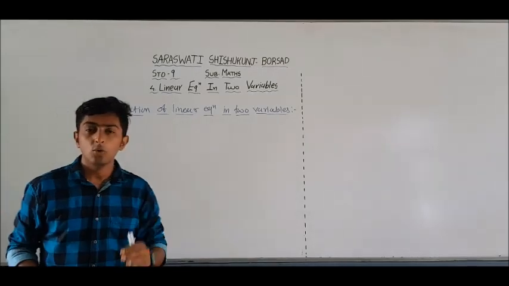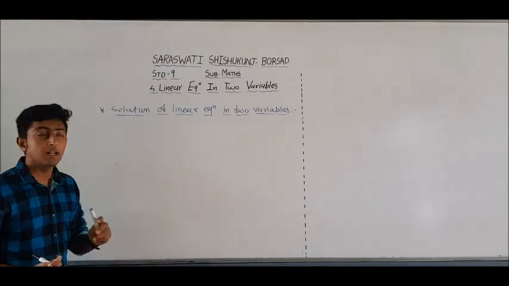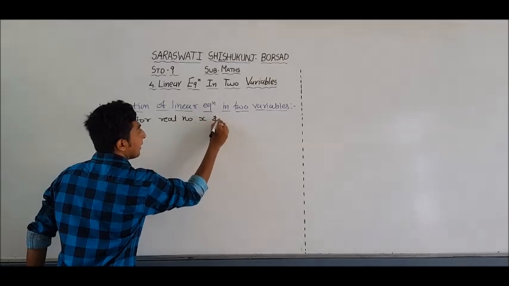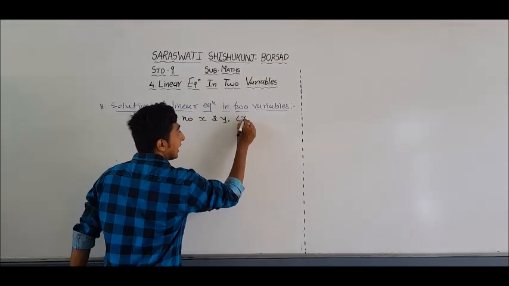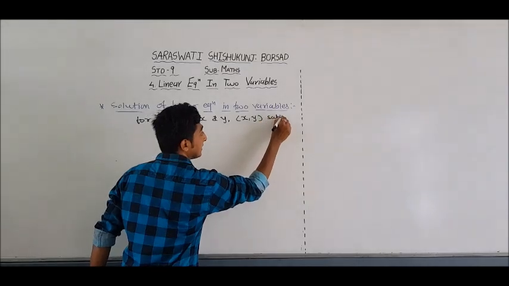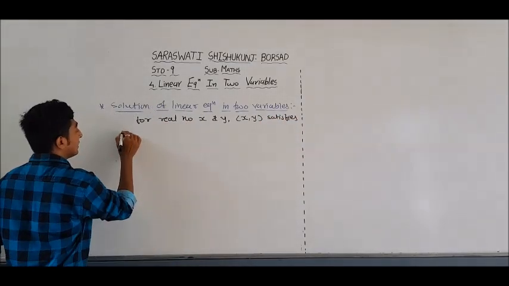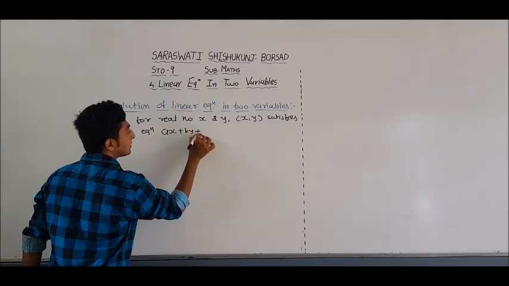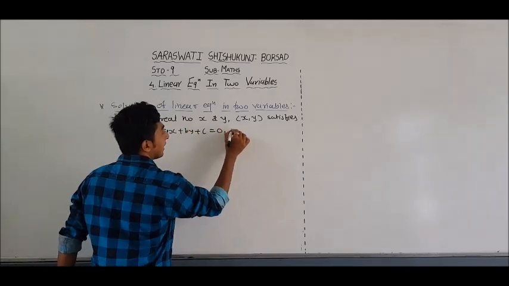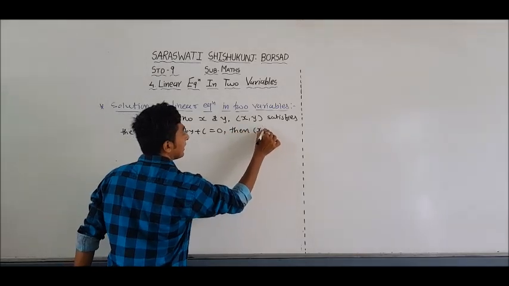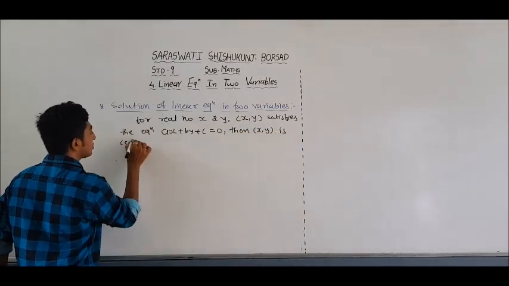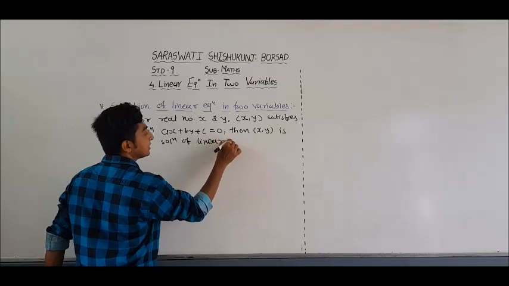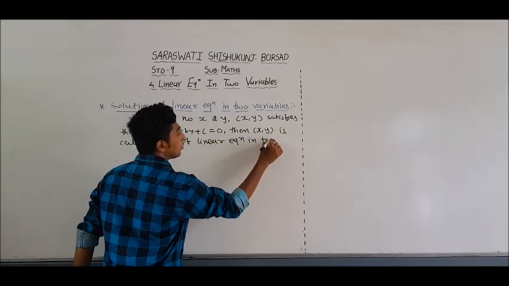Solution of linear equation in two variables. Friends, solution of linear equation in two variables means for real numbers x and y, if xy satisfies the equation ax plus by plus c equal to 0, then xy is called a solution of the linear equation in two variables.